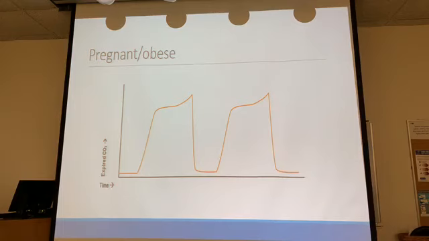And this is something that is also a normal pattern, and this is something that you should see in pregnant patients. You should, but you don't. Or in very obese patients. And what this is in pregnant patients, or sometimes in morbidly obese patients, their lung capacity is very diminished, right? They're unable to take full deep breaths, and whatever air they are getting in, what happens is either the patient has an enlarged uterus that's pushing up on their lungs, or there's a lot of weight surrounding the chest wall.